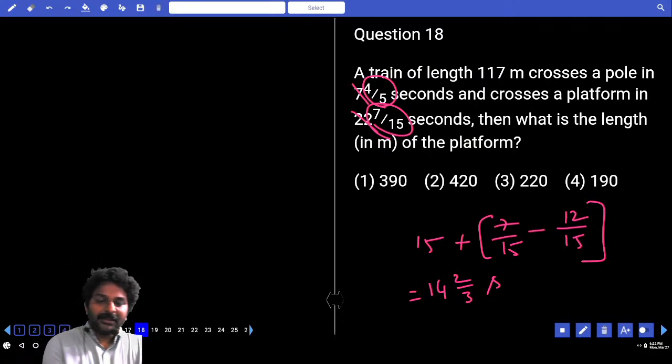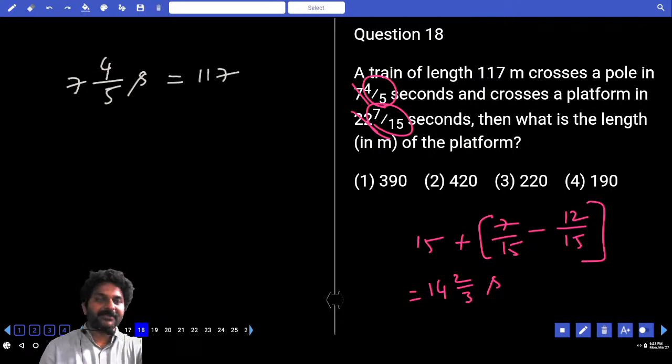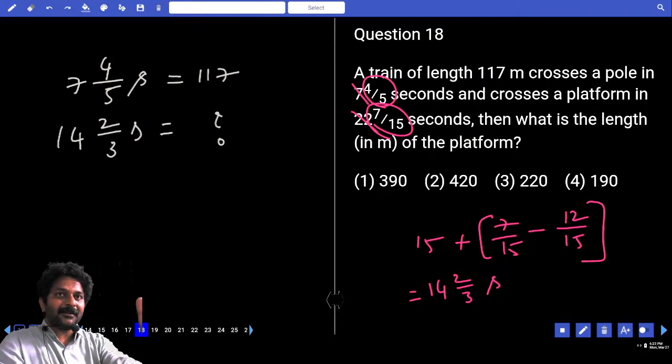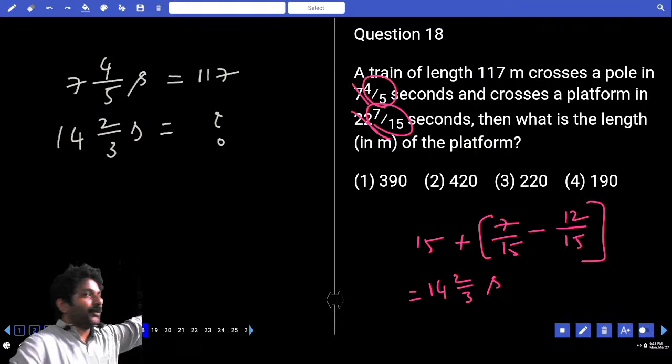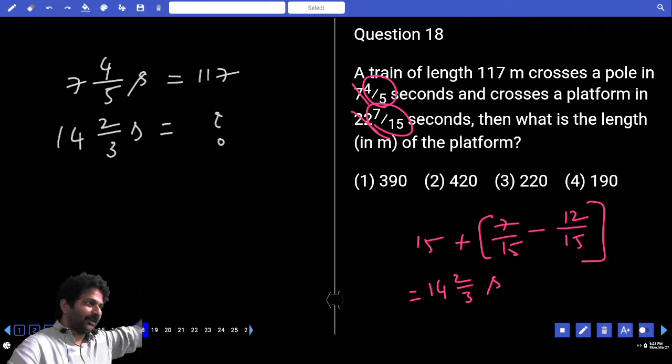So now, according to the first information, in 7 and 4/5 seconds, distance covered is 117 meters. What is the time it is taking to cross the platform? Only platform. 14 and 2/3 seconds. In this time, how much distance will it cover? If you calculate this, will you get the answer or not? Here, if you use these numbers, 7 and 4/5, mixed fraction, you need to convert to improper. 14 and 2/3, again convert to improper.